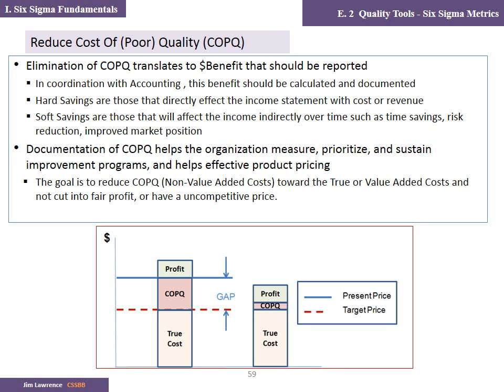Hard savings are those that directly affect the income statement with cost or revenue, and soft savings are those that will affect the income indirectly over time, such as time savings or risk reduction or improved market position. Documentation of COPQ helps the organization measure, prioritize, and sustain improvement programs, and helps effective product pricing. The goal is to reduce cost of poor quality, non-value added costs, towards true or value added costs, and not to cut into fair profit or have an uncompetitive price.